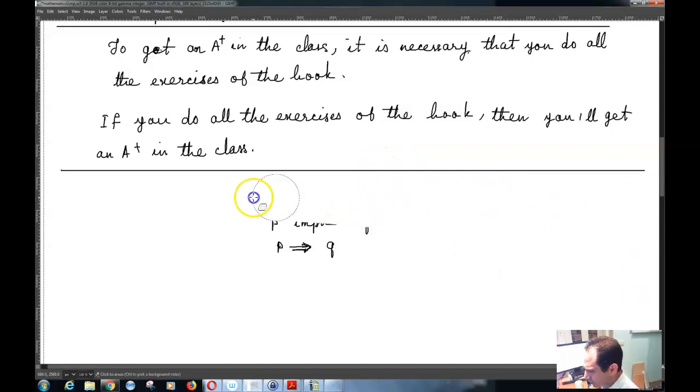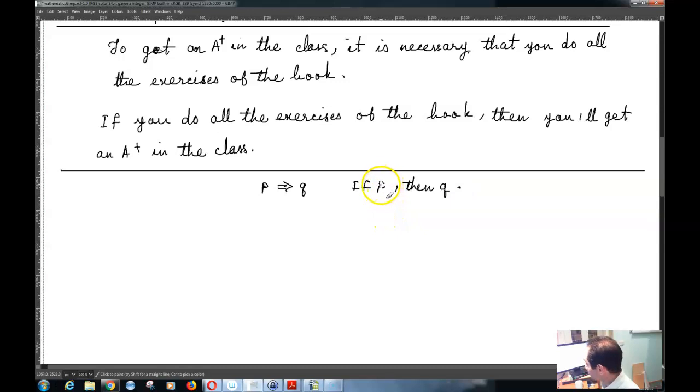So let's see what we can do with this. Basically we have P implies Q. That's the same thing as if P then Q, right? Now when you have this, there are 3 different things here that we need to understand.